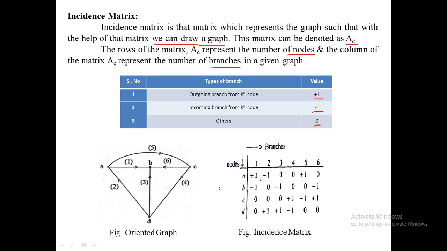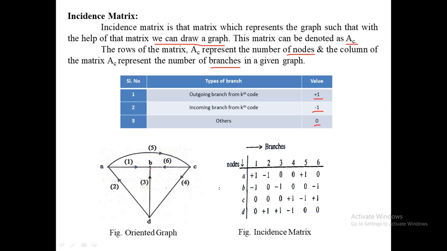Towards means minus, away means plus. One more branch, branch 5, also has node A and is away from the node, so we write +1. For the remaining branches there is no connection, so we simply put 0.